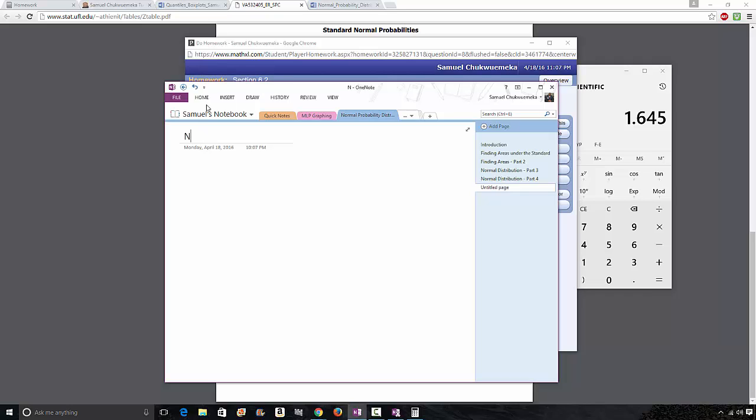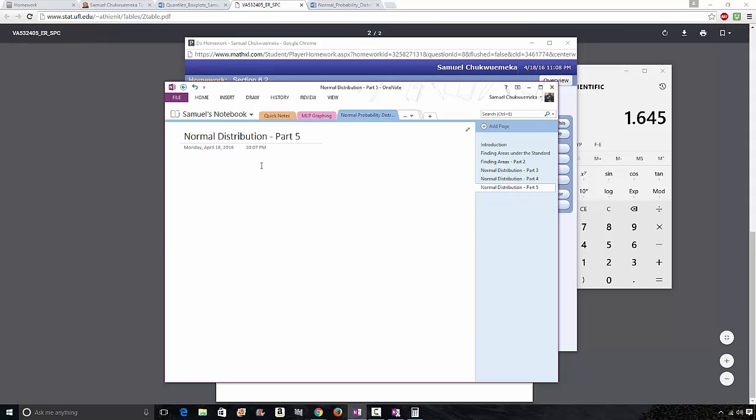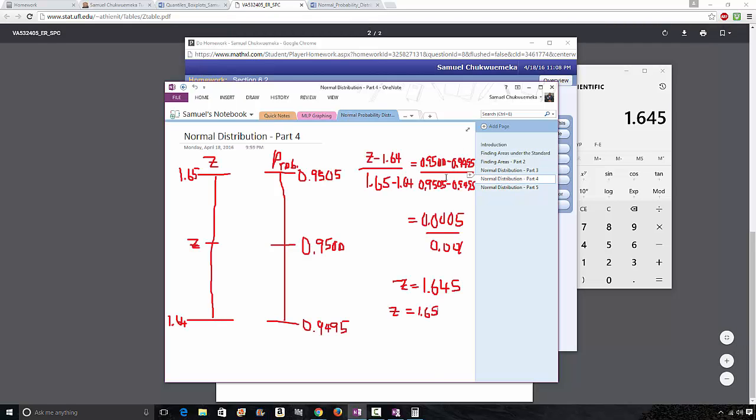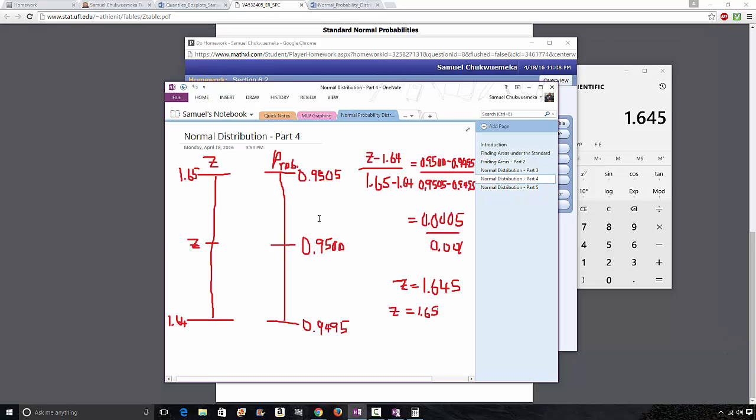You could, let's call this normal distribution, part 5. Okay. You could look at which of these is closest to 0.9500.